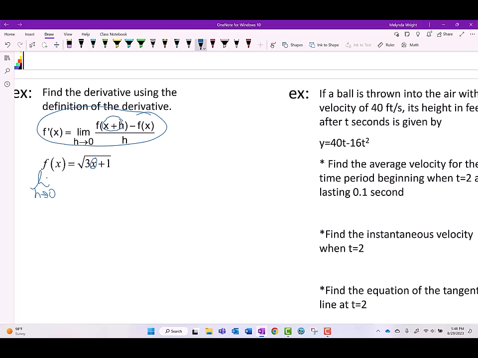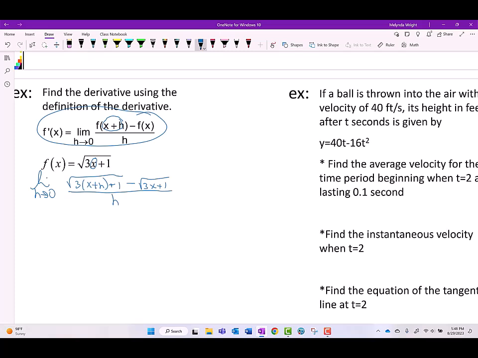Okay, so the top right there is going to say the square root of 3 times x plus h plus 1. Okay, so that's this first piece, minus, and then the second piece is just the function itself, the square root of 3x plus 1. And that's all over h.